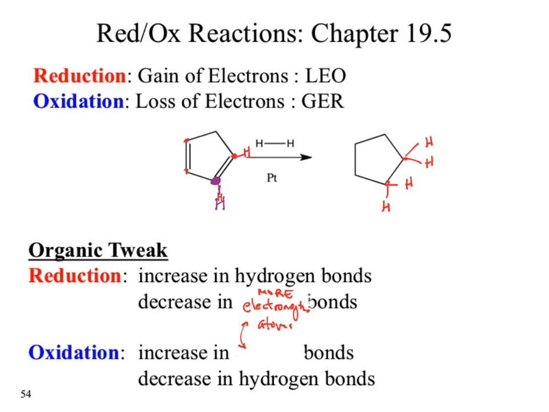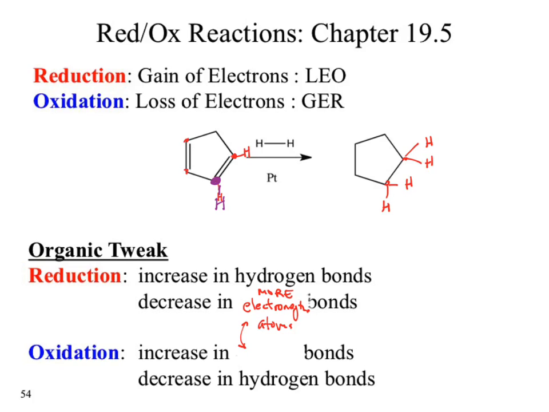Carbon, so I don't have a carbon anymore? Ah, see, there's the issue. Yes, it means I decreased the bonds to a more electronegative atom. Is carbon more electronegative than carbon? Nitrogen, yes, than carbon. It's where the chemistry is occurring. The chemistry is happening to that carbon. So yes, I've lost a bond to a carbon, but that's not more electronegative. It is more electronegative in our definition.